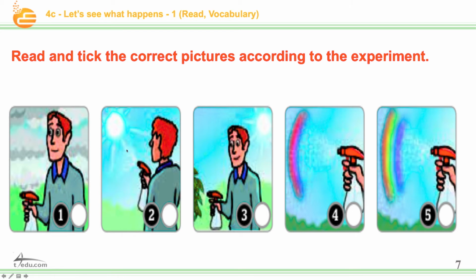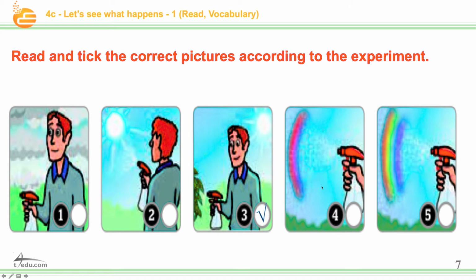No, of course. What about this one? His face and the sprayer are toward the sun. Of course, no, wrong, according to the experiment. This one, his back to the sun here, of course, according to the experiment, it's correct.